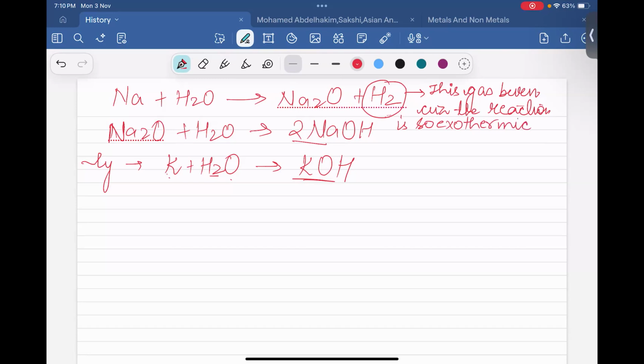Exothermic means a lot of heat is liberated during the reaction.